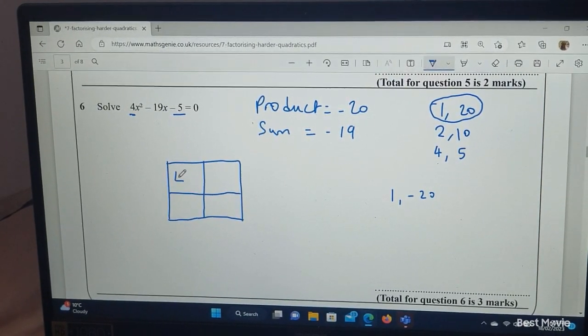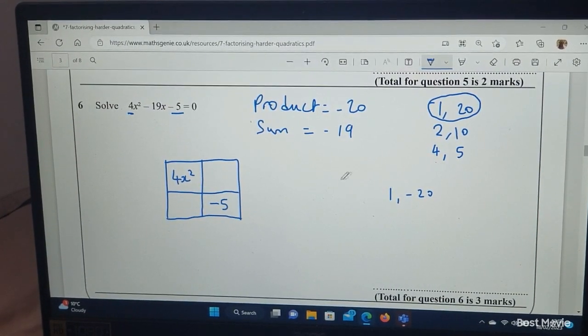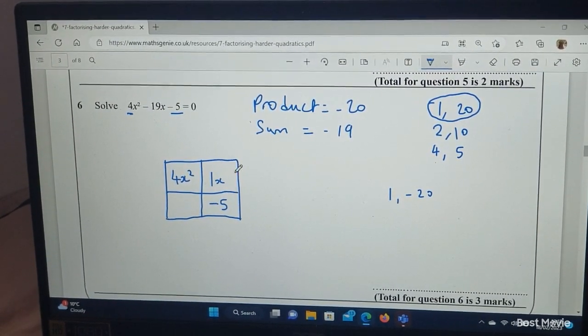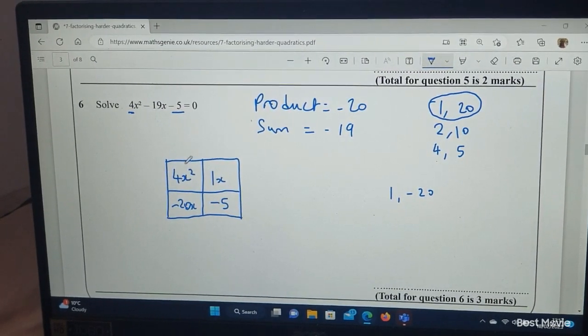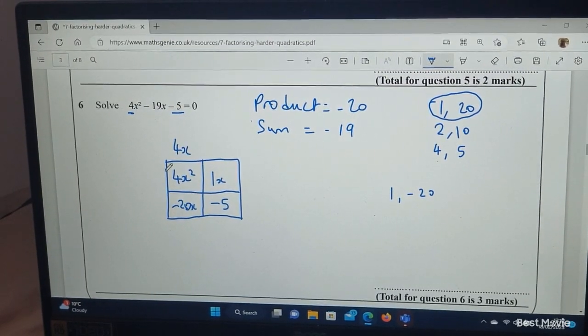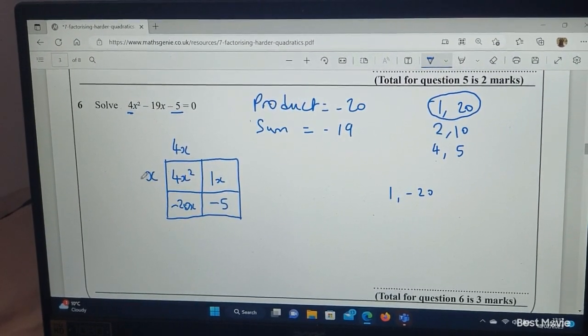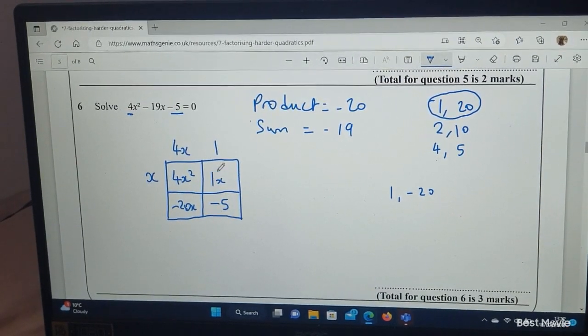So in this box, you've got 4x squared, minus 5, and then 1x, or just x, and minus 20x. The highest common factor of 4x squared and minus 20x is 4x. So x must be here. This must be 1. The highest common factor of 1x and minus 5 is 1.